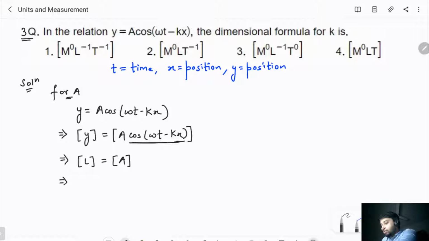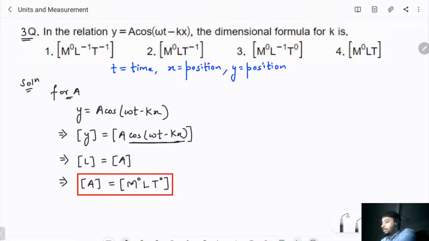So the dimensional formula for a will be L, or in standard form we can write M to the power 0 L into T to the power 0.